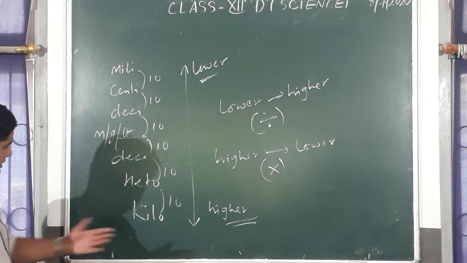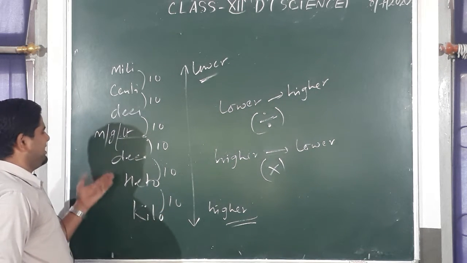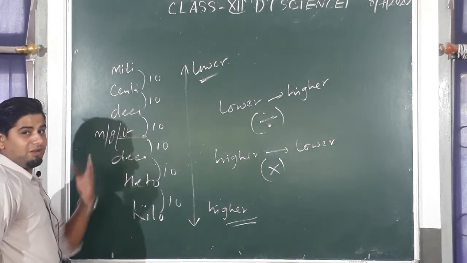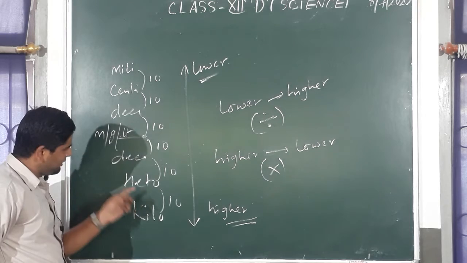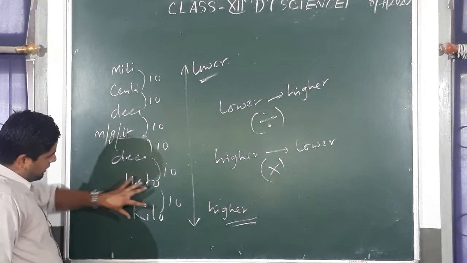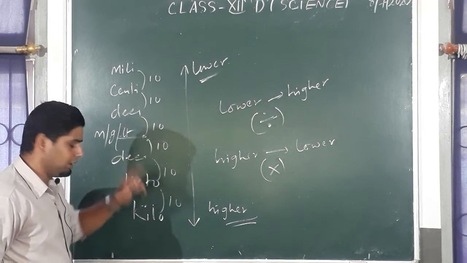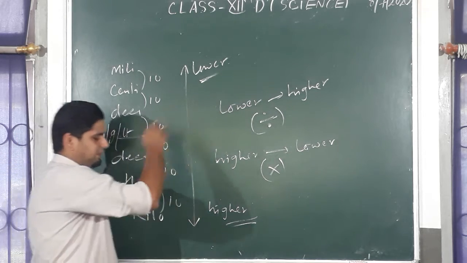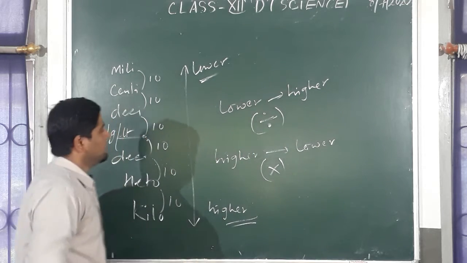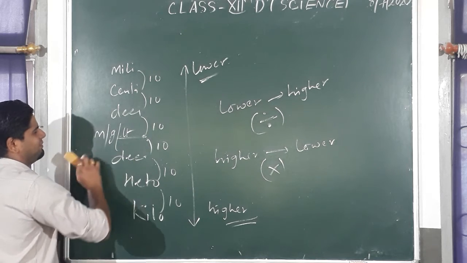Similarly, if you wish to convert kilogram to decagram, you need to multiply, because you are converting from higher to lower. How many gaps are there? 1 gap, 2 gap, so 10 into 10, 100. This is the basic idea for conversion. If you don't know, just use this method to convert.